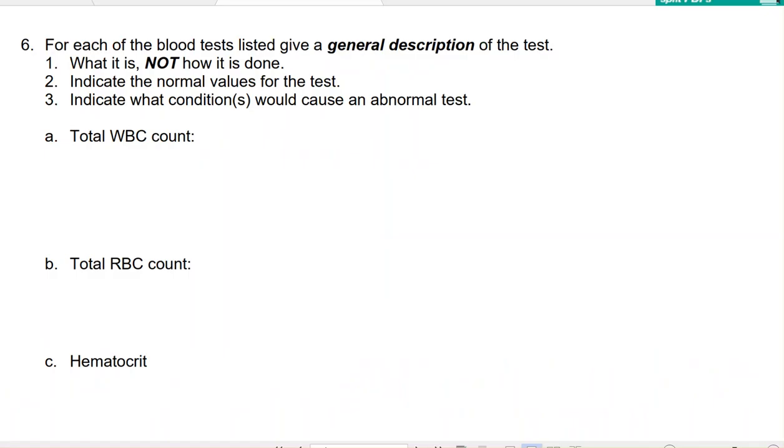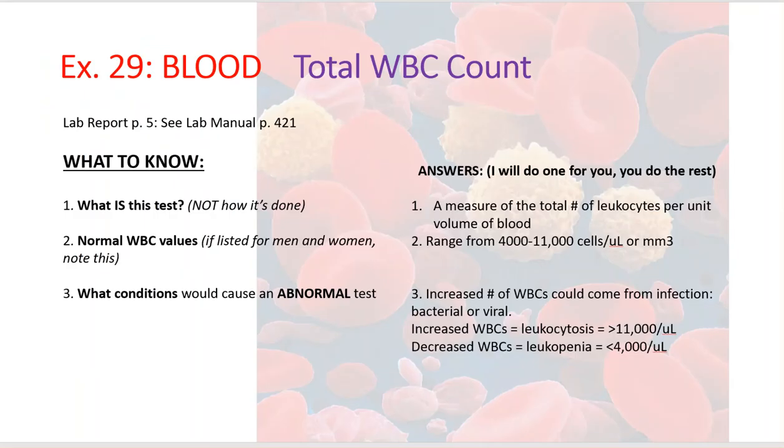The next part of your lab report has you looking at different tests that you would do. I'm going to do the first one for you. The first test was a total white blood cell count. These are the basic things you have to know about each test, or tell me about each test. What is this test? I don't want to know how it's done. I don't want anything about how they centrifuge the blood and separate it out.